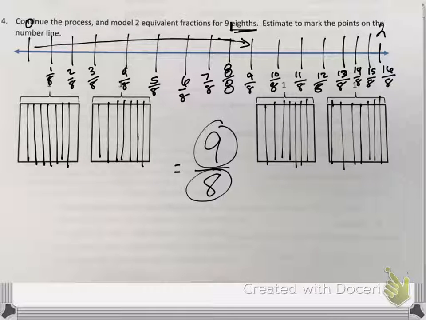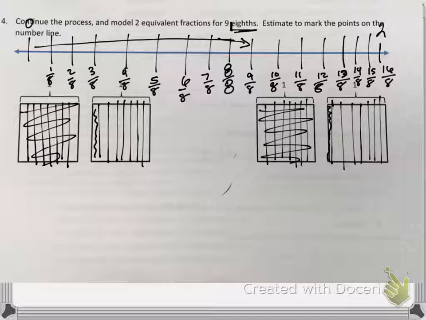I tell the kids all the time, try to make it even, but it's pretty hard when we get to 9 8ths. So then we have one whole thing shaded and one shaded over here. Well, the nice thing is they were being a little nice to us, and they were only making us do it twice this time. So we started with 9 groups of 8 shaded.